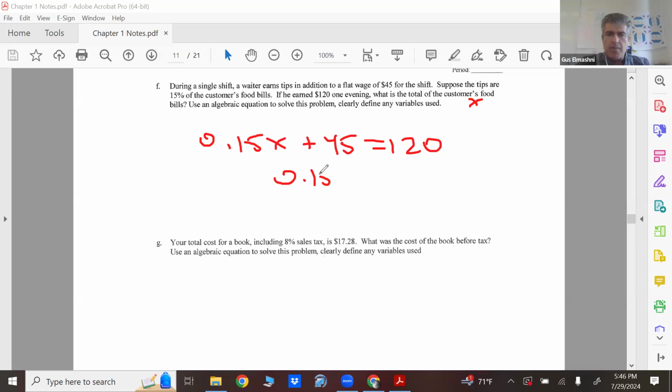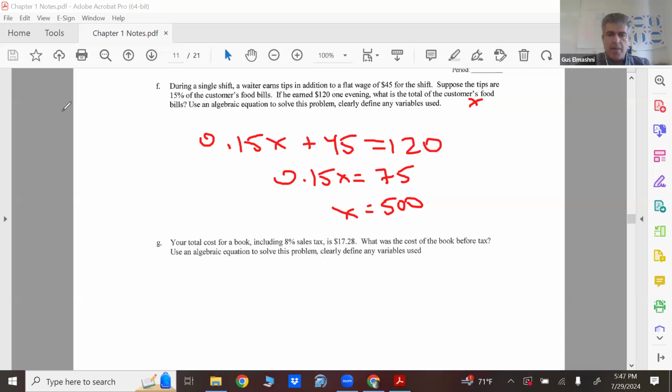You can use a calculator if you need to do your computations. I think that comes out to 500. So the waiter sold $500 worth of food, got 15% of that, $75, plus $45, for $120 that night.